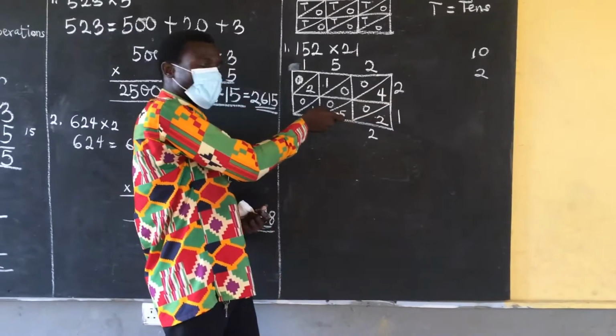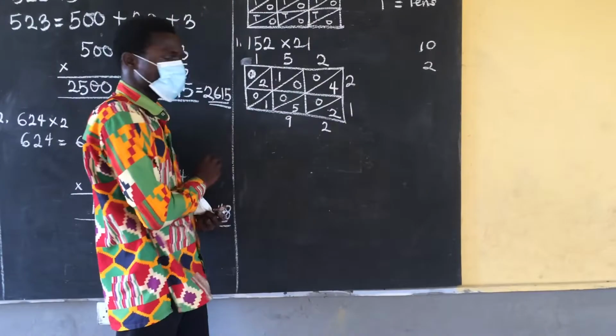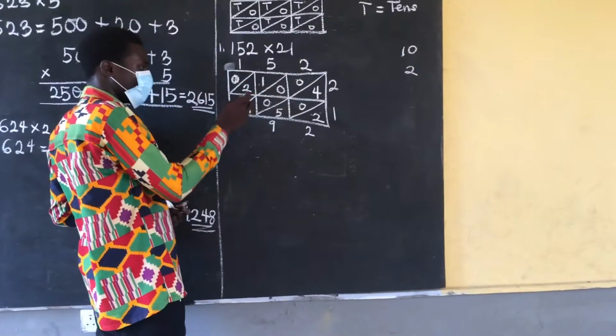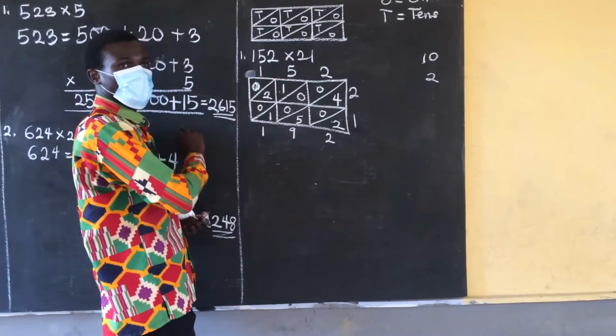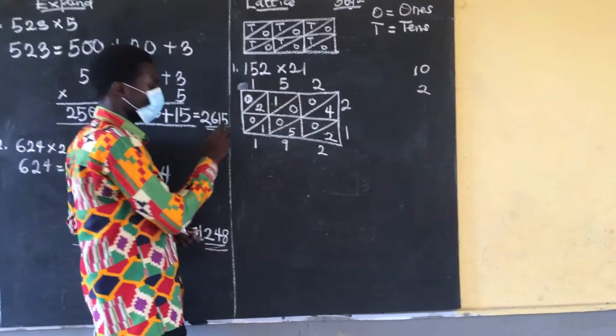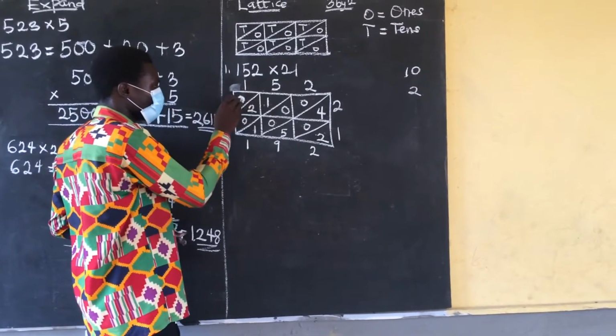I'll come to the next diagonal line. This plus this will give me 9. Move to the next one. 0 plus 0 plus 0 plus 1 will give me 1. I'll move to the next diagonal line. 1 plus 2 is 3. Plus 0, still 3. The number here is only 0, so I'll bring it here.